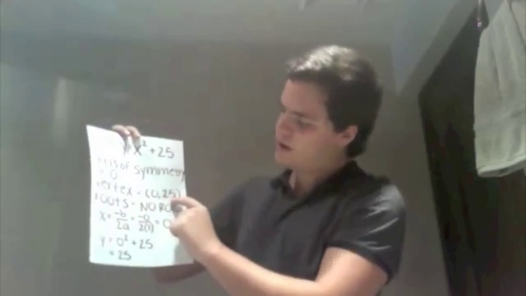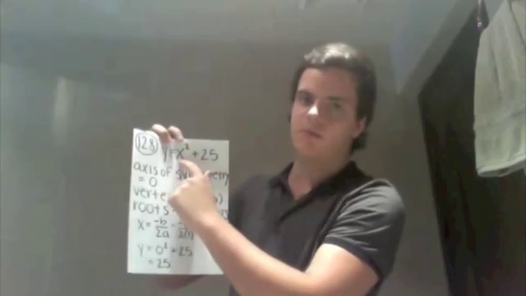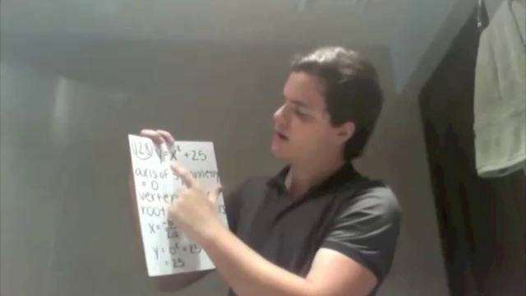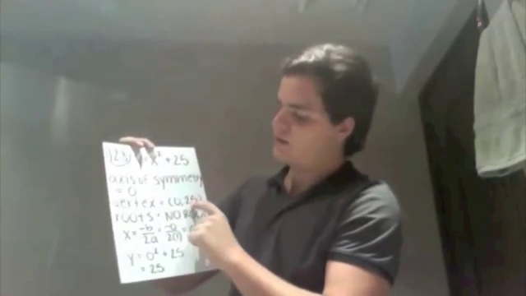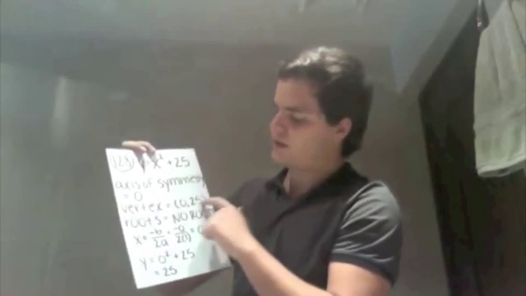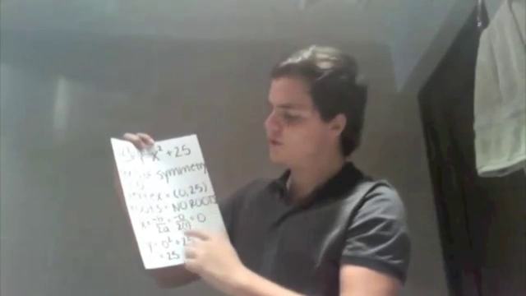Since the vertex is 0, 25, and the equation is positive, that will mean that the parabola will be upward. And since your vertex is on the positive side, this means you will not have any roots.